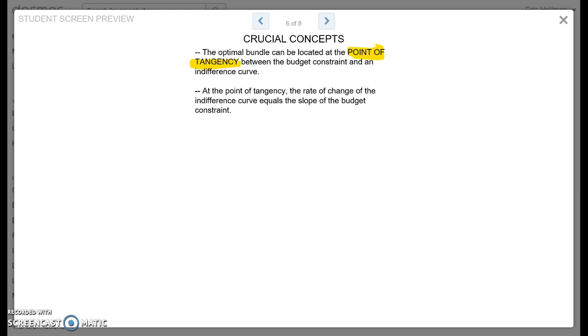Mathematically, at a point of tangency between two functions, the rates of change of the two functions at that point are equal. So at the point of tangency we just saw on the graph, the slope, or rate of change, of the indifference curve is equal to the slope of the budget constraint, and we're going to use that fact when we start doing this work algebraically in the next presentation.